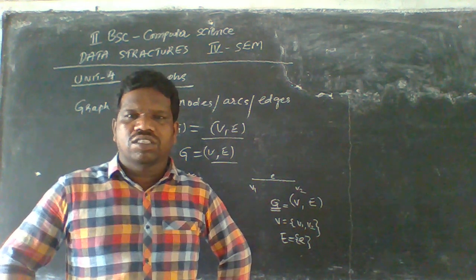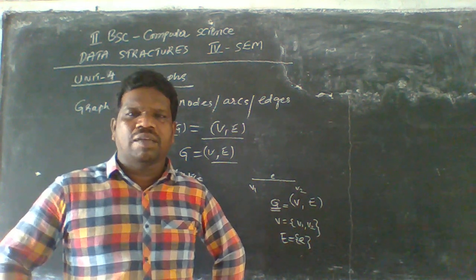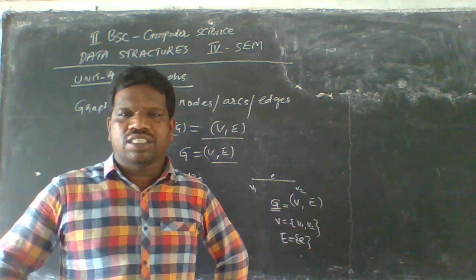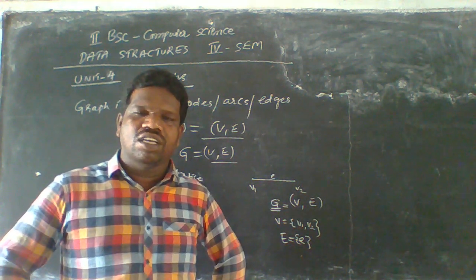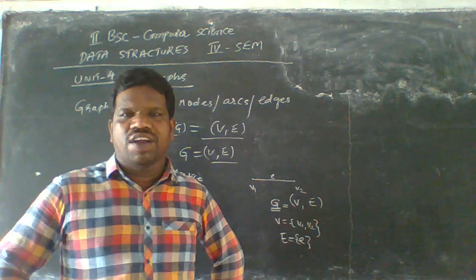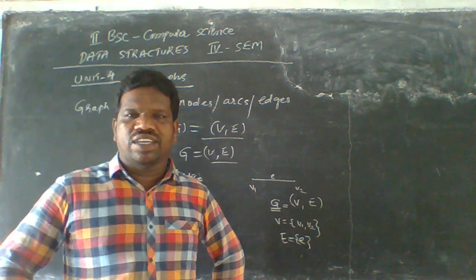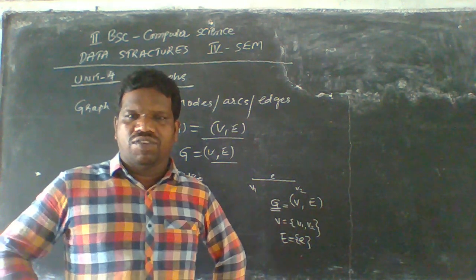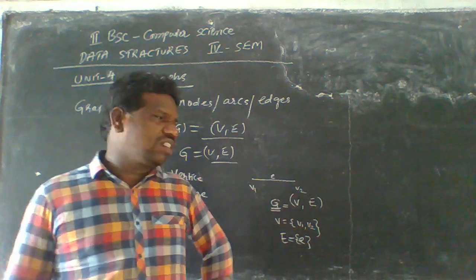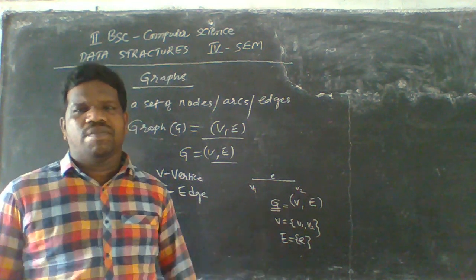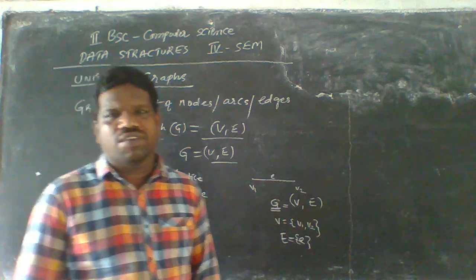While we are using graphs, sometimes the number of vertices is lesser than the number of edges, and sometimes edges are lesser than vertices, depending on the situation. So these are called graphs. What is a graph?